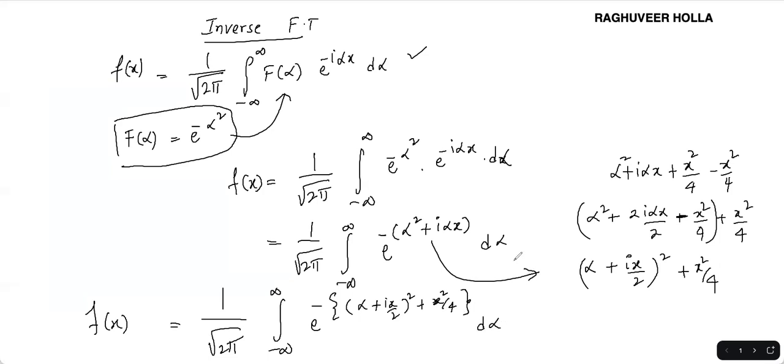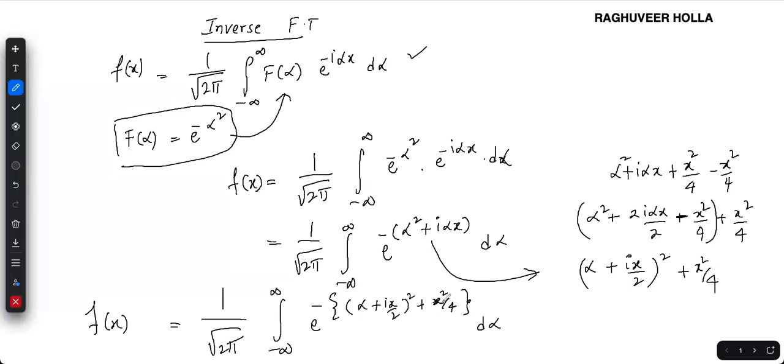Now since x square by 4 is a constant term, I can take it outside.